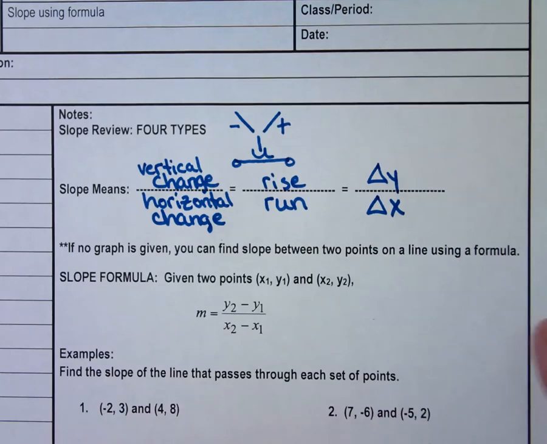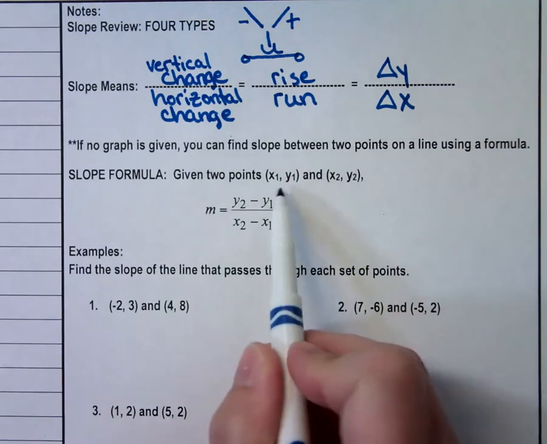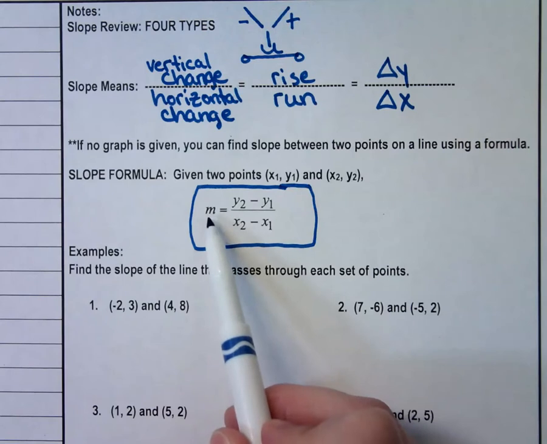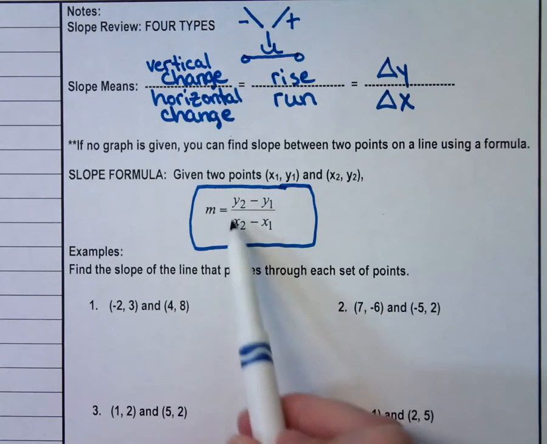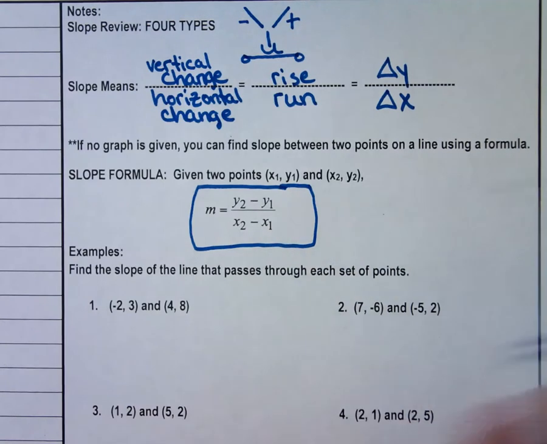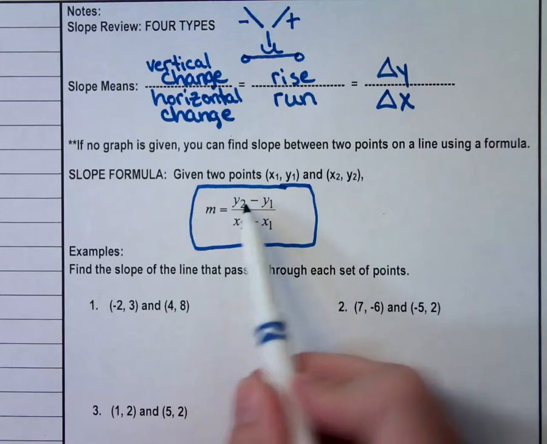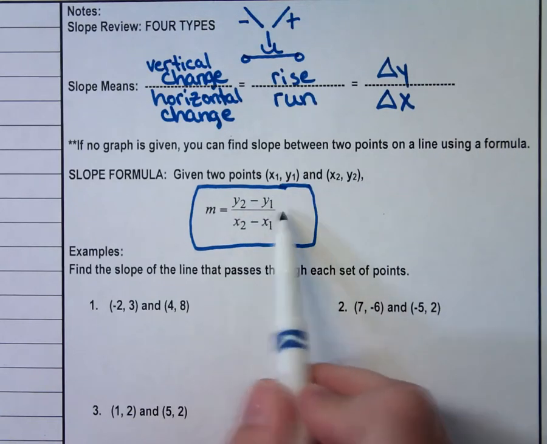Okay, so like I mentioned earlier, today we're going to find slope by using a formula. And this is how the formula goes. It says the slope equals y2 minus y1 over x2 minus x1. It looks ugly, but it's so easy. It just tells you to take your ordered pairs, take the second y and subtract the first y. Divide.